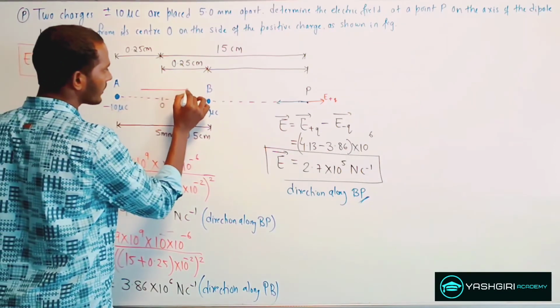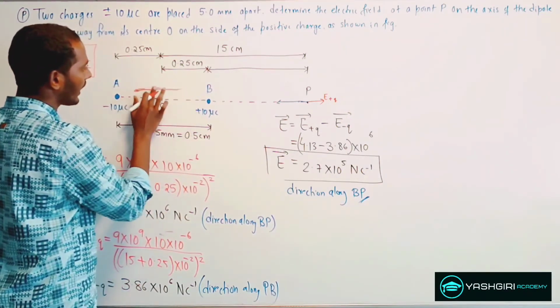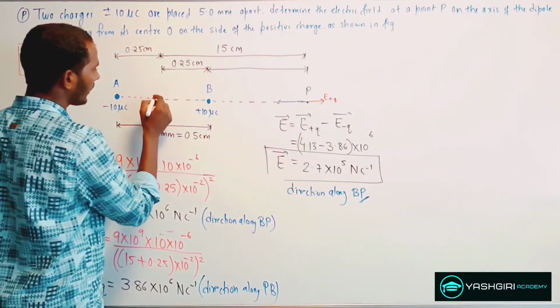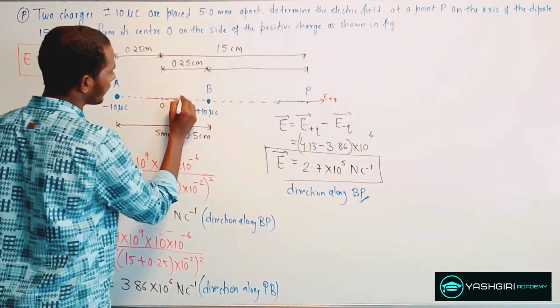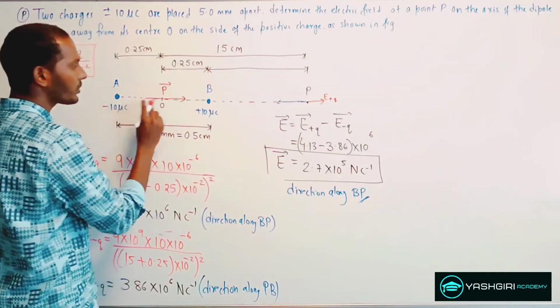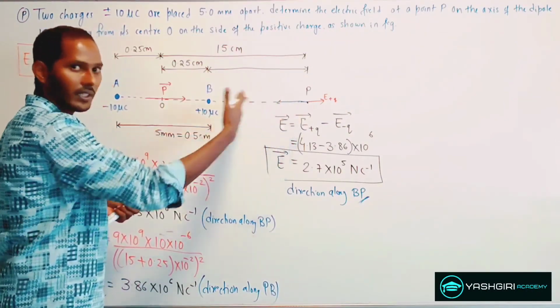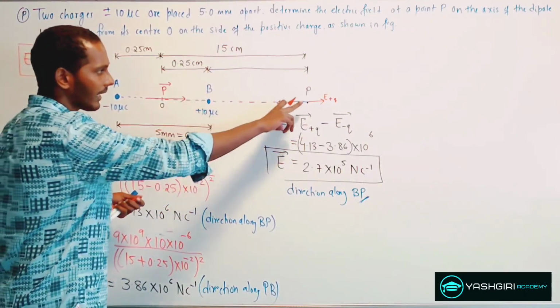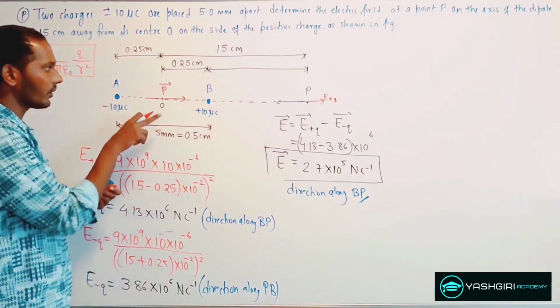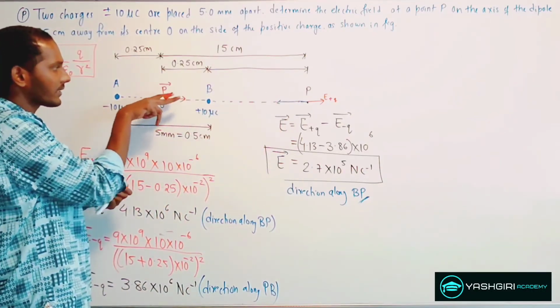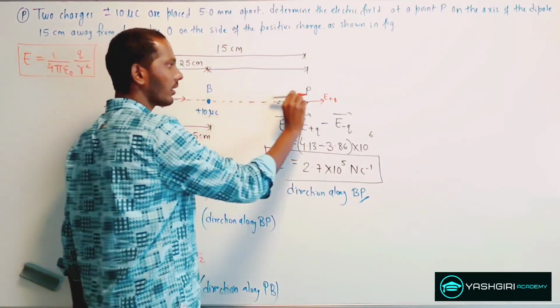If you know, this is the direction of the dipole moment, from the negative charge to the positive charge. And when you calculate the strength of the electric field on the axial line of this dipole, the direction of the electric field is the same as the dipole moment, which is along BP.